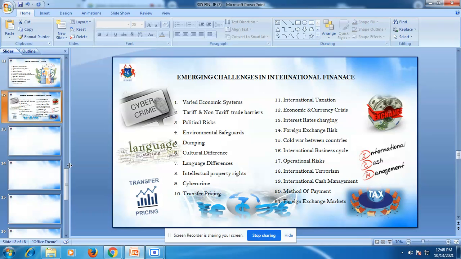The next challenge of international finance is cultural difference. Every country has a unique culture and heritage that shape values and influence the conduct of business. Even within a geographic region that is considered relatively homogeneous, different cultures prevail.